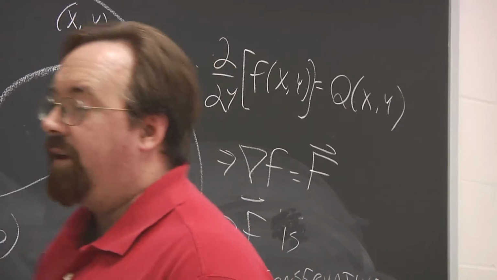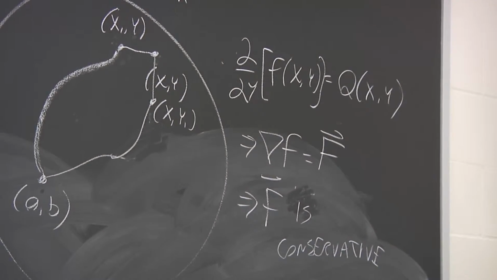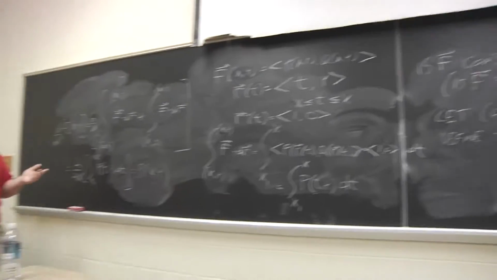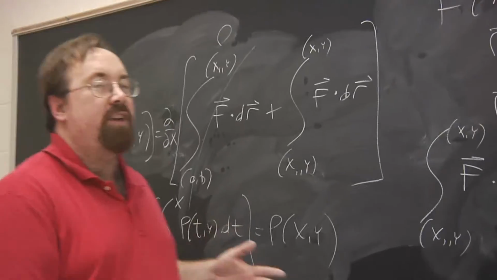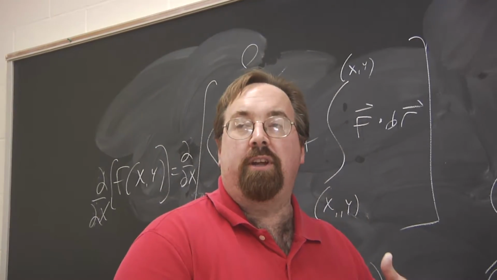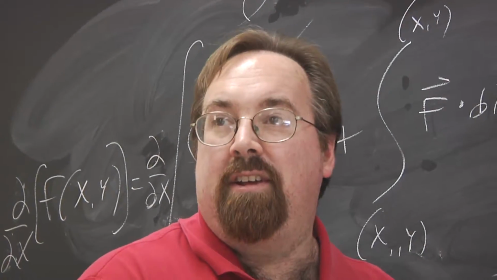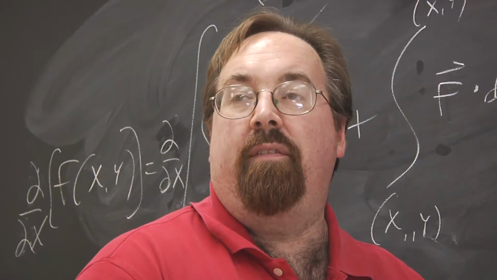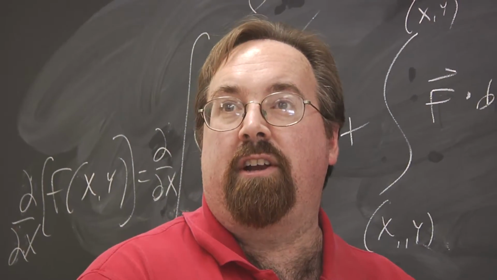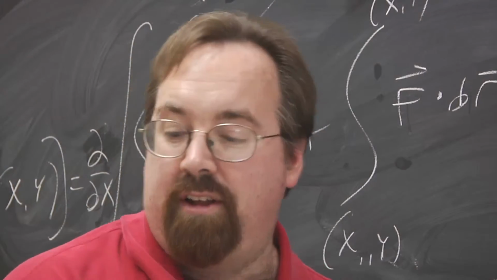Okay. So as long as you're careful about what kind of domain you're talking about, where the line integral is path independent, as long as the domain doesn't have any holes in it, it actually does go both ways. We have complete equivalence here: if a line integral is path independent, then the vector field that you're taking a line integral of is conservative, and vice versa.